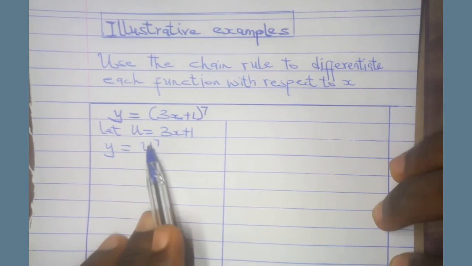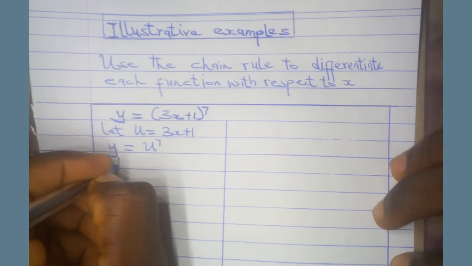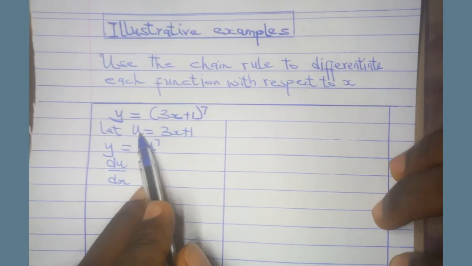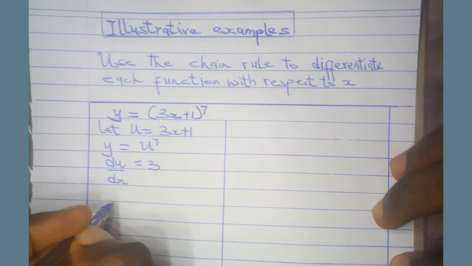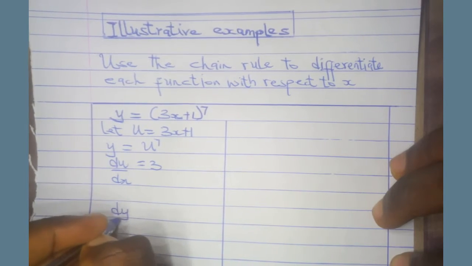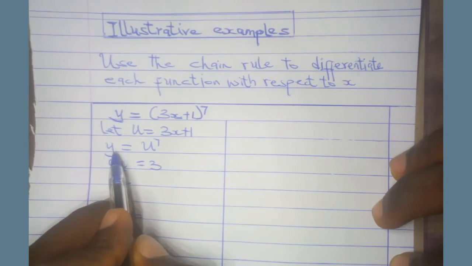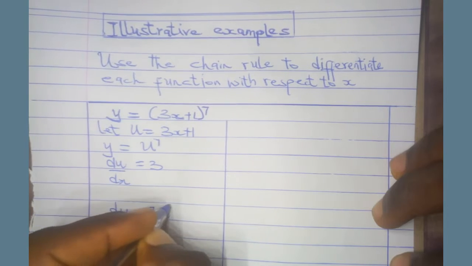Therefore, y is equal to u raised to the power 7. So du/dx means to differentiate the function u, which is equal to 3x plus 1, which gives 3, and also dy/du is 7u raised to the power 6.